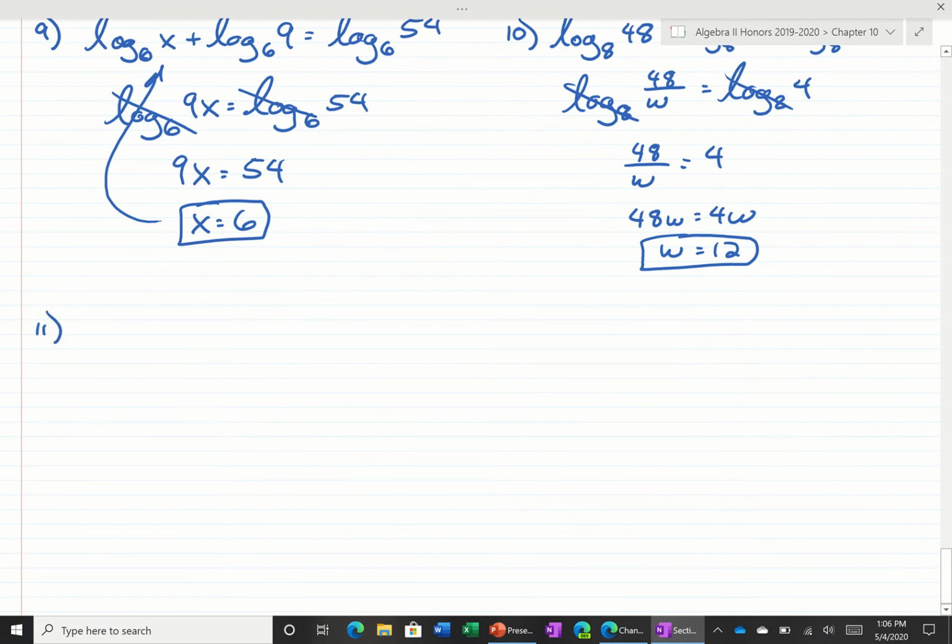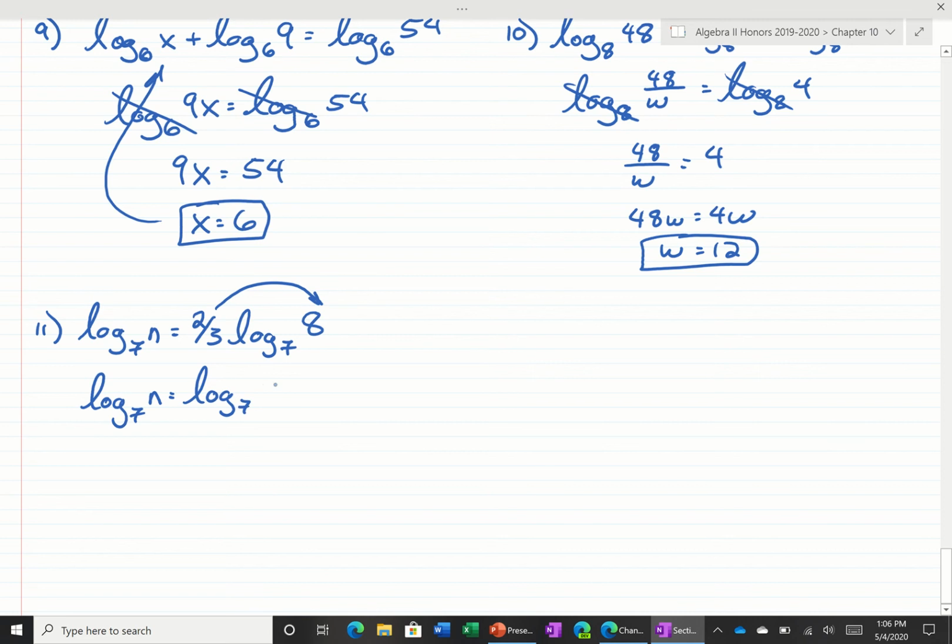Problem number 11, it says that the log base 7 of n is equal to 2/3 times the log base 7 of 8. Now you can't use the property of equality because you have a power in front of a log. So once we get rid of that, 8 to the 2/3, remember, means the third root of 8 to the second, or the third root of 8, to the second.